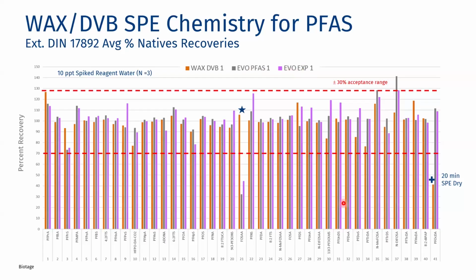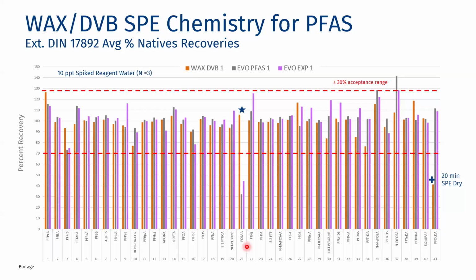And what you'll see is FOSA A is one of the compounds that really is difficult to recover, especially when you're just using wax. So having that extra DVB in the cartridge is very important when trying to recover this compound because it just doesn't recover as well with just wax or weak anion exchange sorbent.